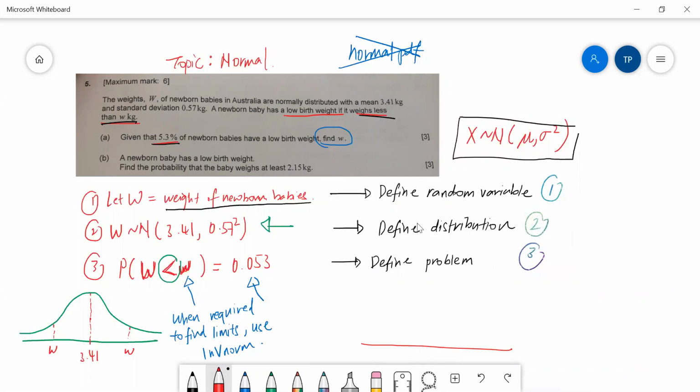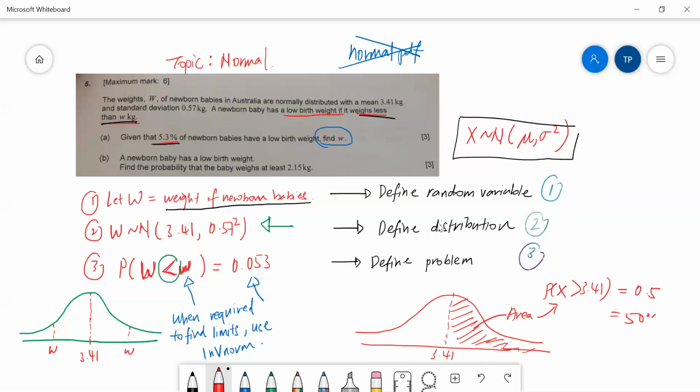You have to understand that this graph is always symmetrical about the mean, 3.41. So the probability of X greater than 3.41, which is this area here, is equal to 0.5, which is 50%.